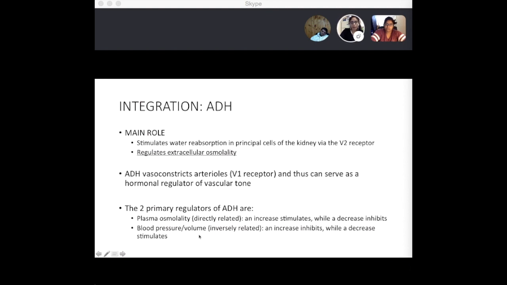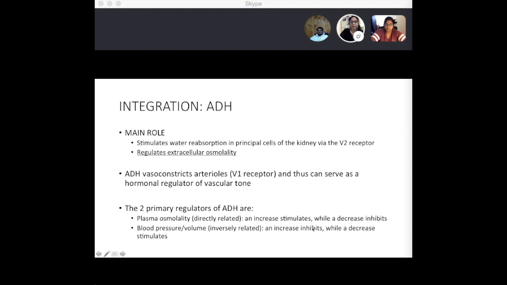And then blood pressure and volume are inversely related. So if blood pressure increases, then ADH is going to decrease or not be released. If blood pressure or volume increases, we want to diurese.